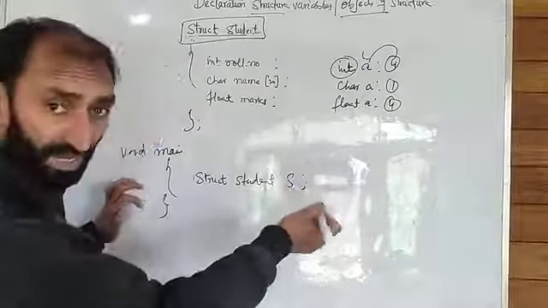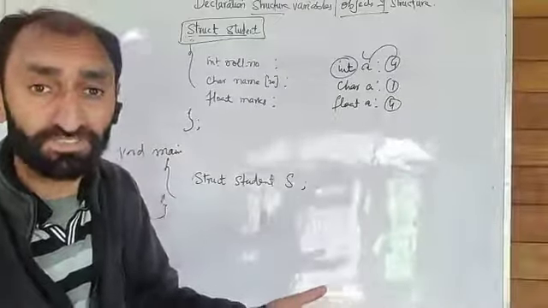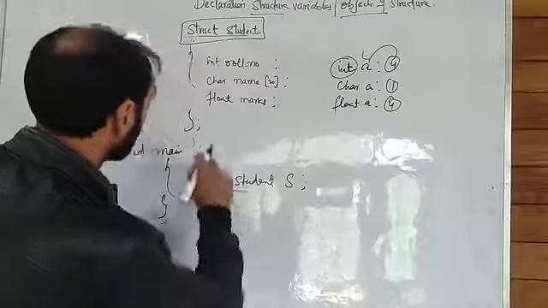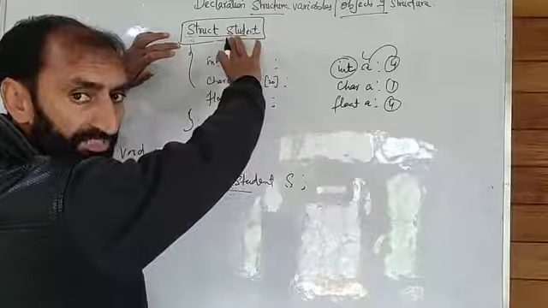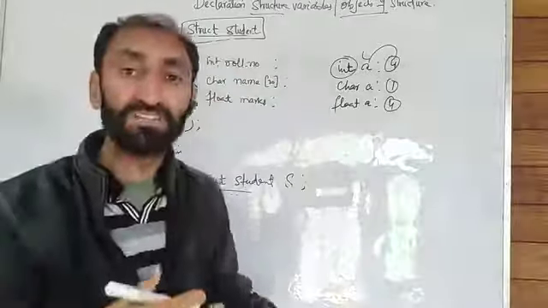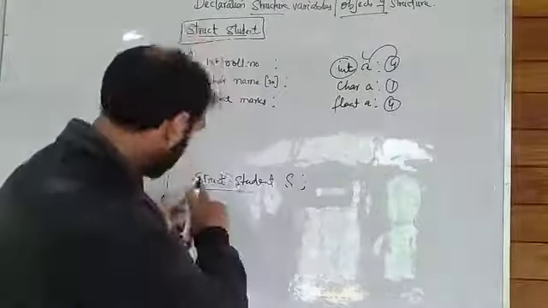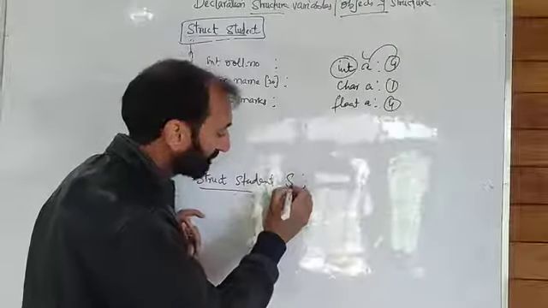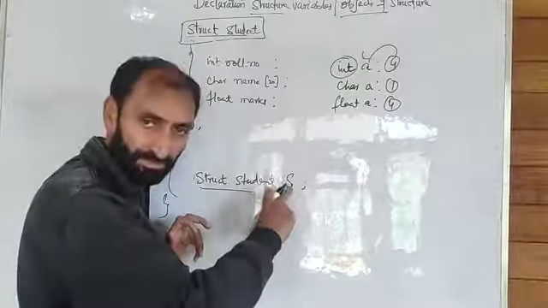S is the variable, or you can say s is the object, but of which structure? Of this type, struct student. That is, s is the variable of this structure. And accordingly, the memory manager will allocate the memory for this s variable.